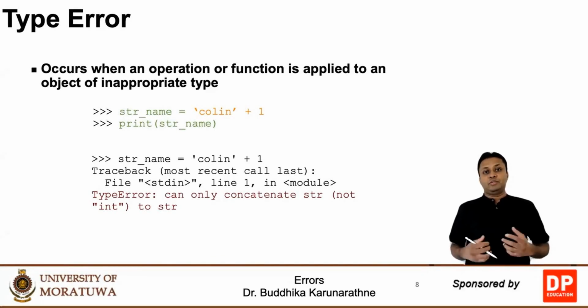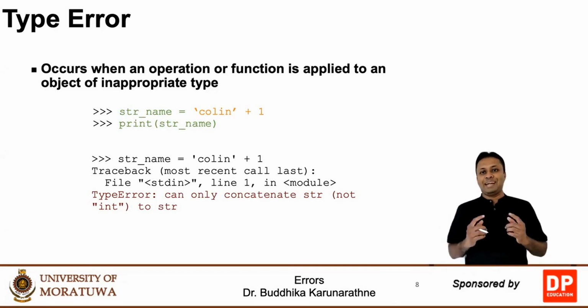Moving on to type error. This kind of error occurs when we try to perform an operation on variables or objects of inappropriate type. So at this point, you understand what the type of a variable is. In this case, we are causing a type mismatch. In the example given, we are trying to perform the plus or addition operator on a string and an integer.